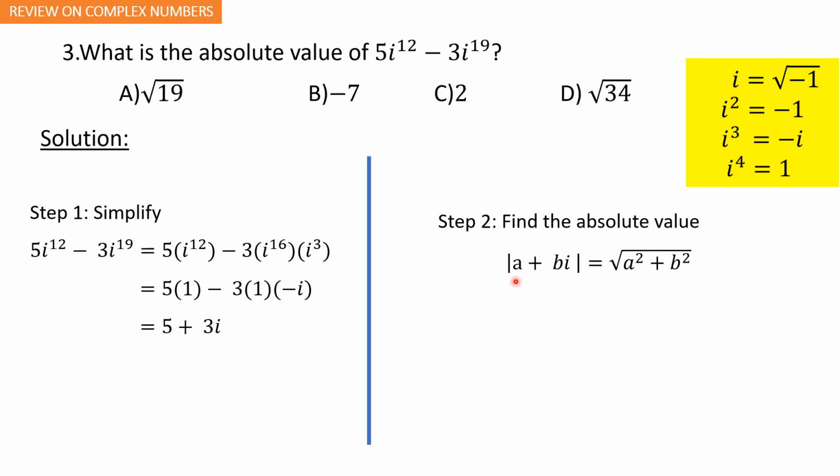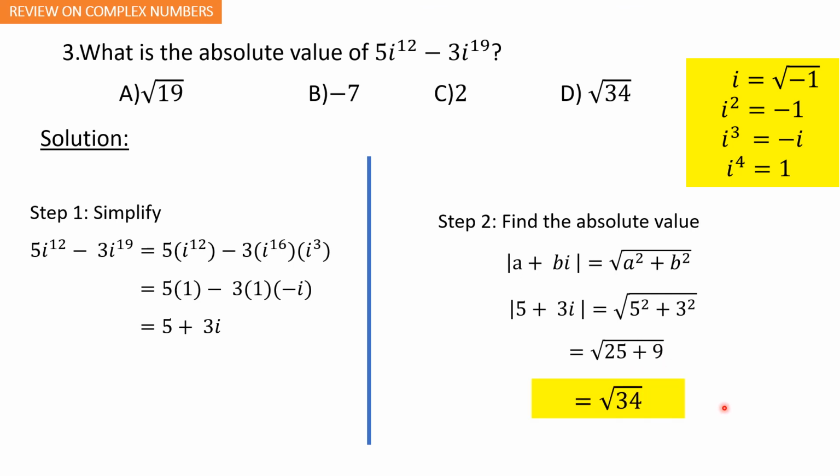So, let us replace everything with 5 plus 3i. Tapos, yung a dito, 5. Yung b is 3. Okay, so let us proceed. So, what is the square of 5? That is 25. Square of 3 is 9. So, adding them up, meron na tayong sagot na square root of 34.